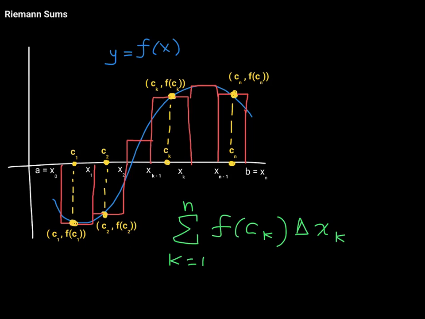That is to say, an upper sum, a lower sum, the midpoint. So this Riemann sum here can be written differently depending on our choice for c sub k for each of these points from each of the subintervals.